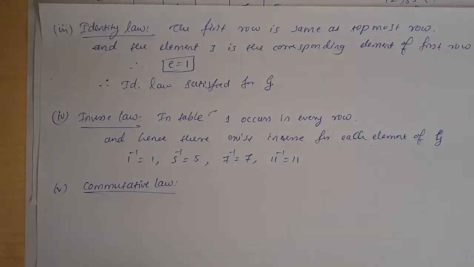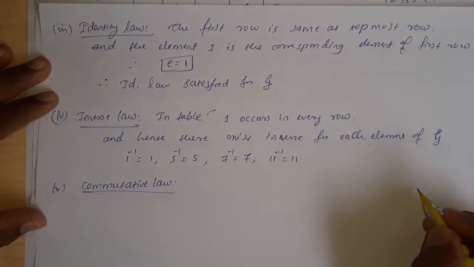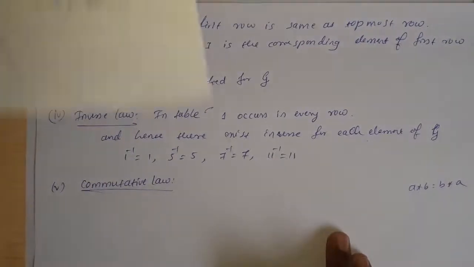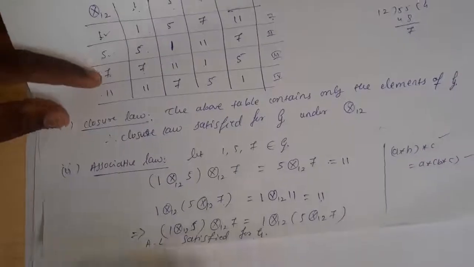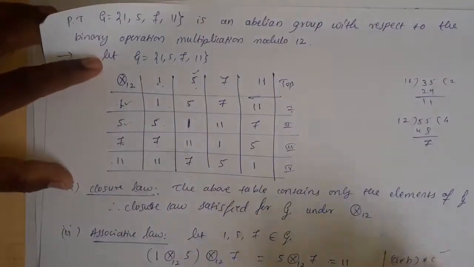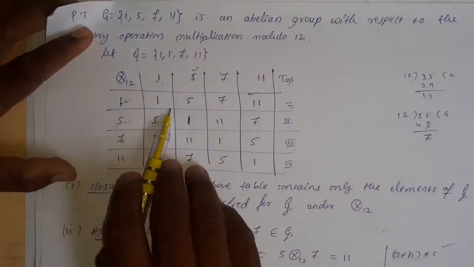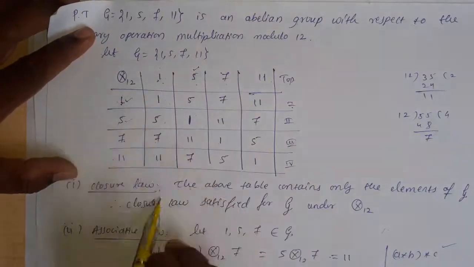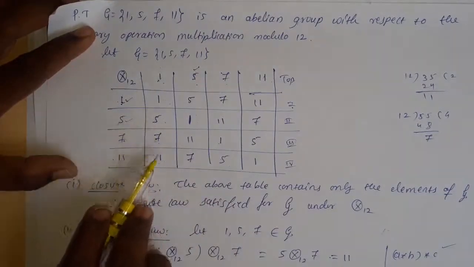Commutative law. The statement of the commutative property is A star B is equal to B star A, if star is the binary operation. But if the binary operation is multiplication modulo or addition modulo, then this is something different. Look at the first row, that is 1, 5, 7, 11, and the first column, that is also 1, 5, 7, 11.